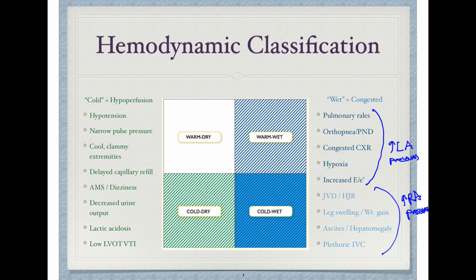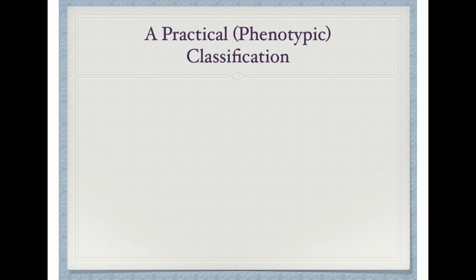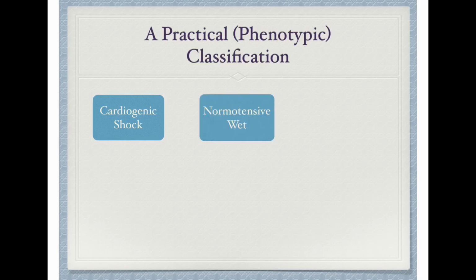In addition to classifying patients by their hemodynamic status, we also have a practical phenotypic classification, which includes 5 different categories of acute heart failure. These are the patients who are in complete cardiogenic shock with hypotension and evidence of end-organ hypoperfusion. The patients who are normotensive and wet. This is the most common classical form of acute heart failure.